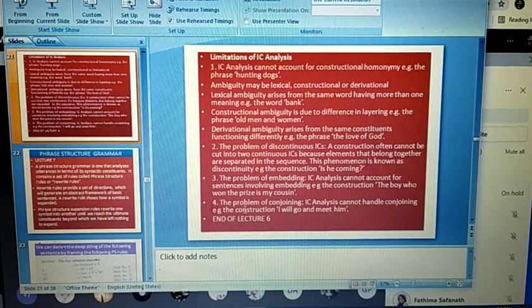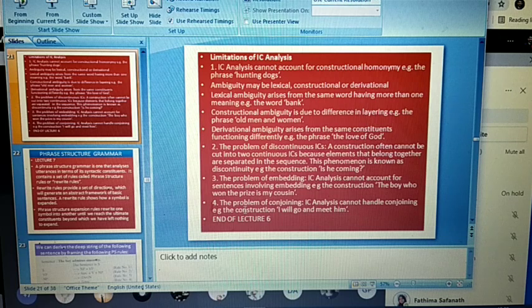Hunting dogs can mean many things. It could be hunting as an adjective, that is, dogs which are used for hunting. Number two, it can be another meaning, like hunting as a gerund, or rather hunting as a verb: the act of hunting dogs, like the act of killing dogs.